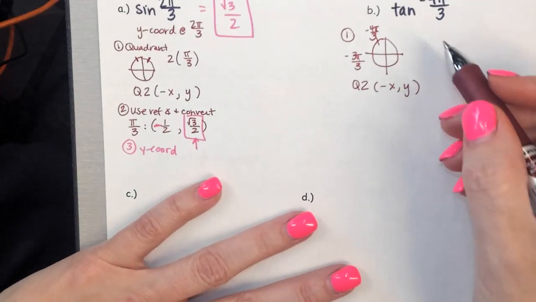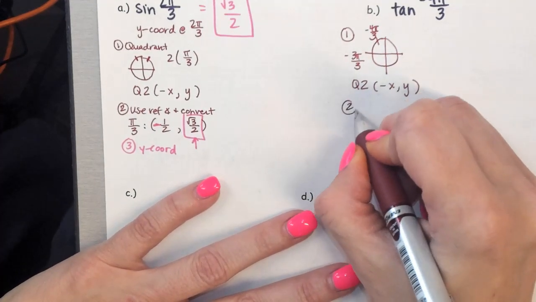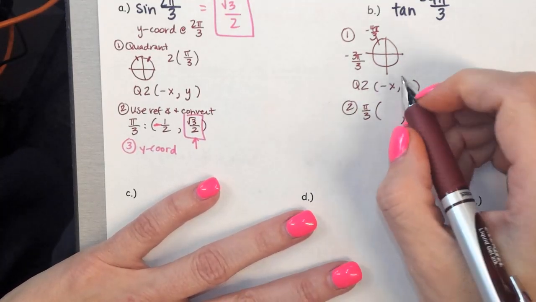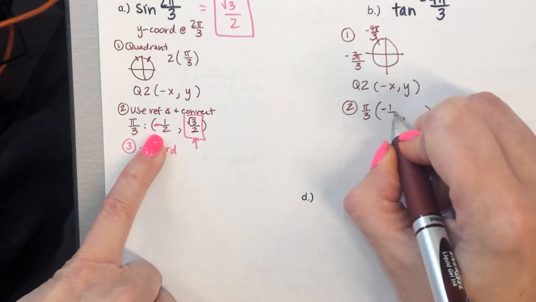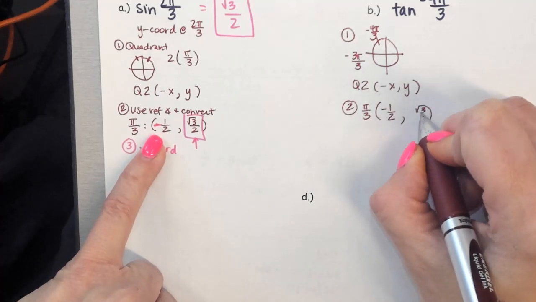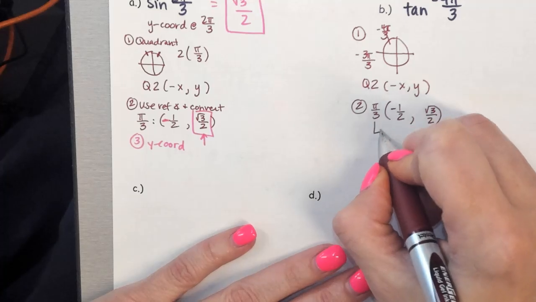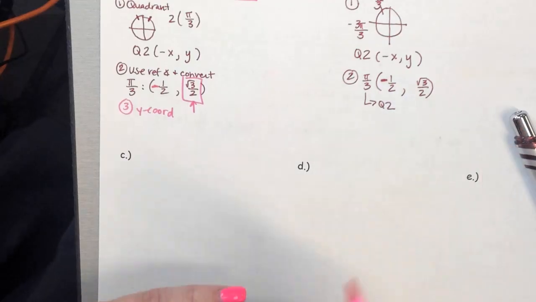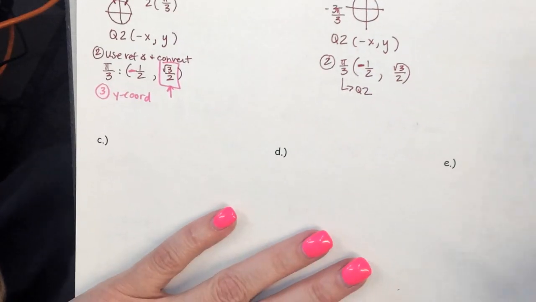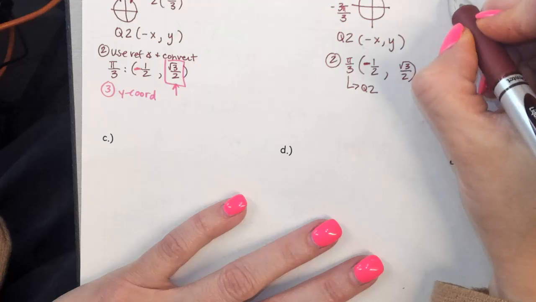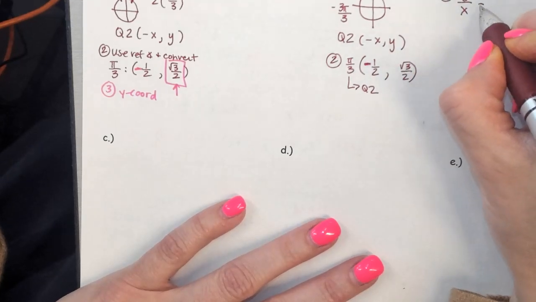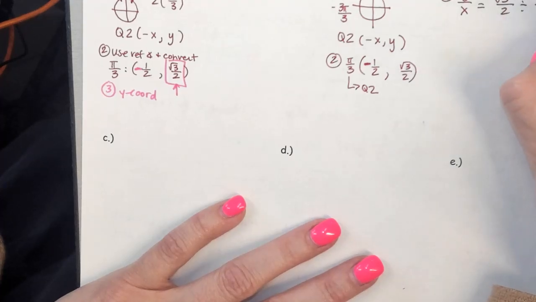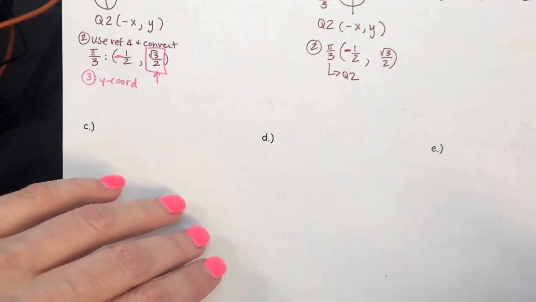Okay, so we're using again that same reference angle at pi over 3, and then I would convert. Okay, so you have negative 1/2, root 3 over 2. And that's when I put my negative in there. Okay, to find the tangent, all you have to do is y divided by x. So you have root 3 over 2 divided by negative 1/2. That's one way you can do it.